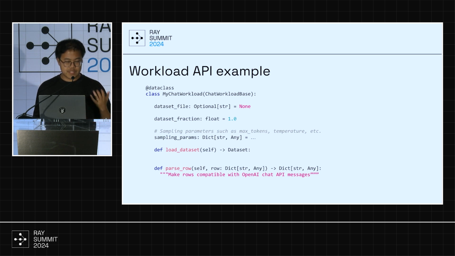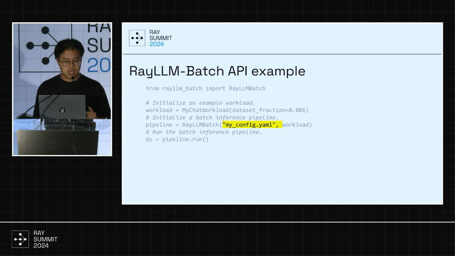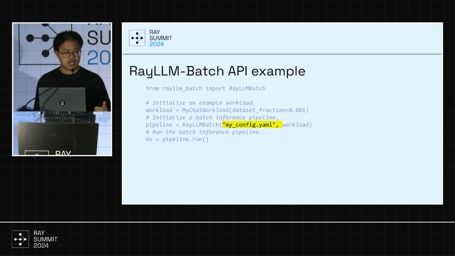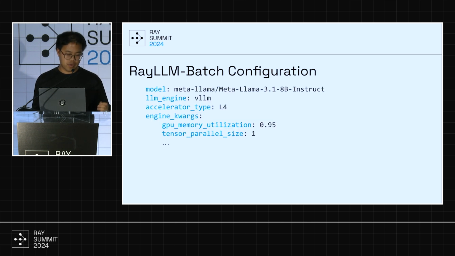So again, this workload is plugged into the Ray batch, which takes in two things: the workload API and also a configuration file. The configuration file is quite straightforward. You can express which model you want to run, and then also some number of engine keyword args and the accelerator type. A couple of nice things here: we also have an optimizer, which will automatically tune some or most of these engine configurations for you given the workload.